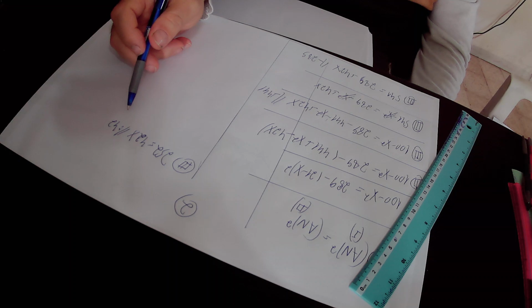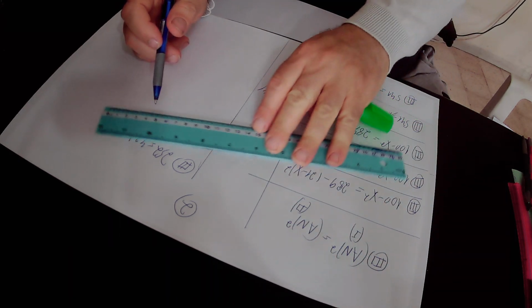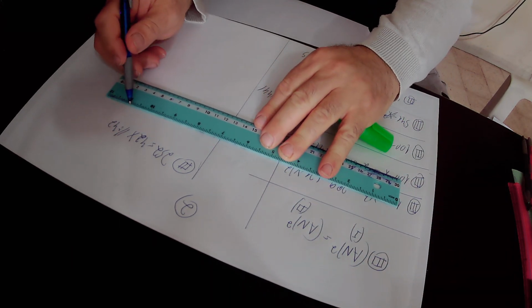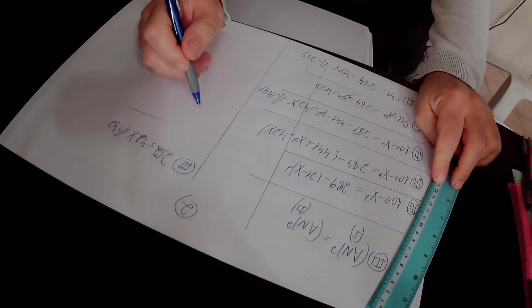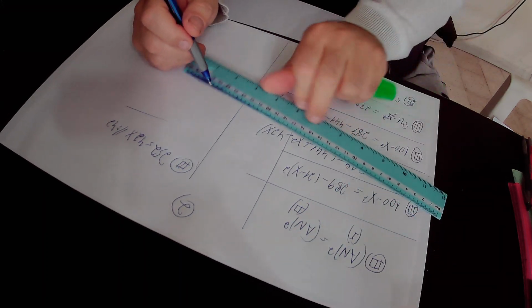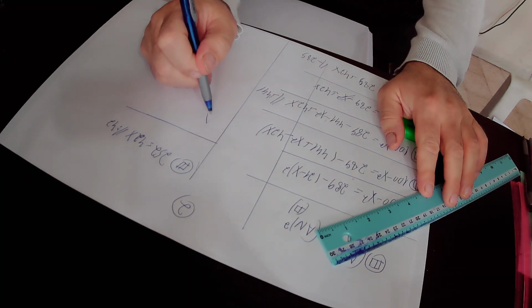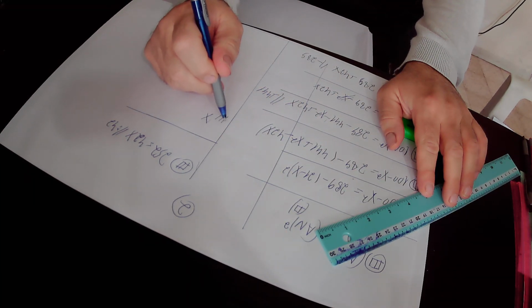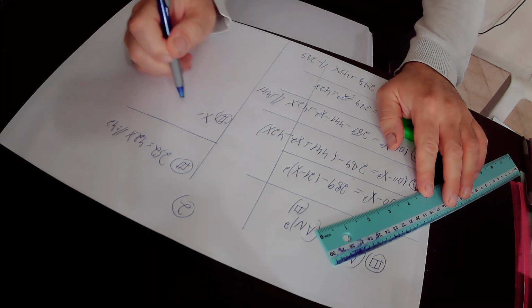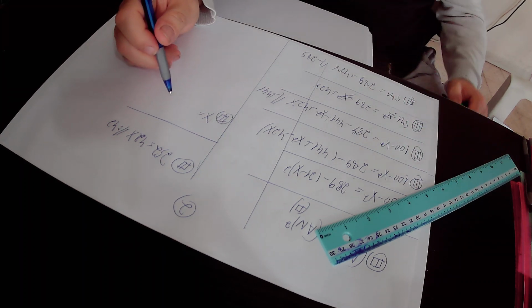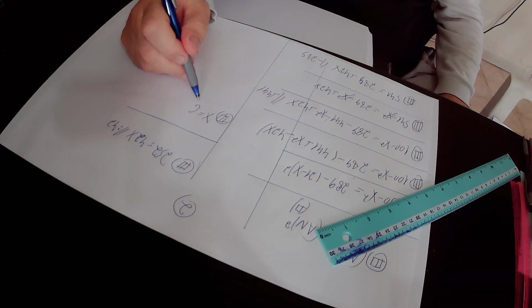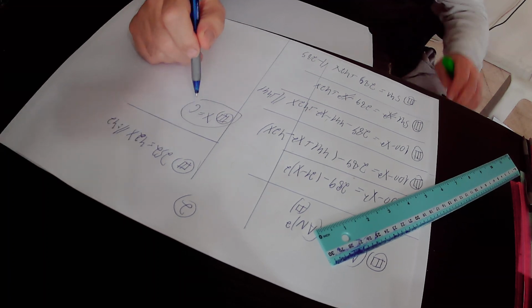We divide equation 3 by 42, and we get that x equals 252 over 42, which is 6, so x equals 6 units in length.